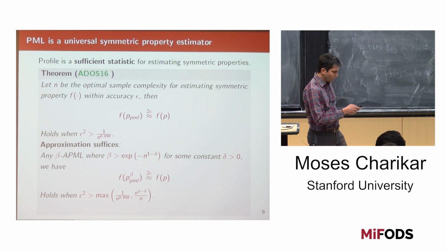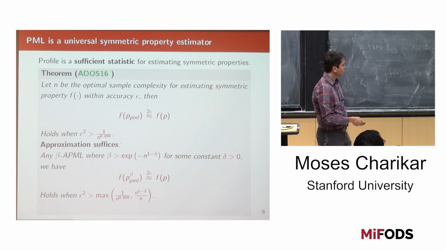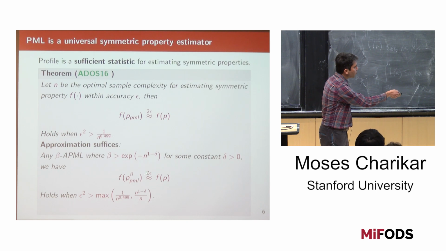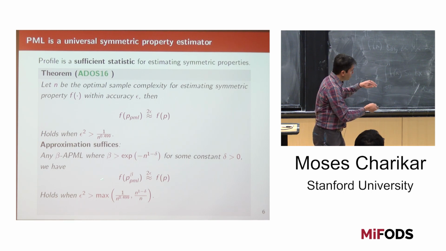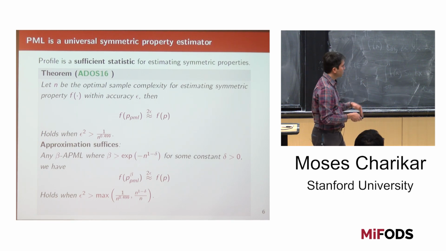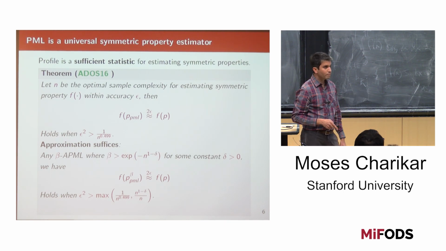The only caveat is this accuracy parameter epsilon, which depends on how well you're able to approximate. If you don't have a very good approximation, then this will only work for very large epsilon. If you are able to do a better and better approximation, this will work for smaller and smaller epsilon.